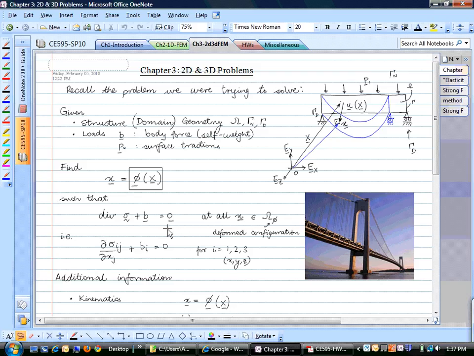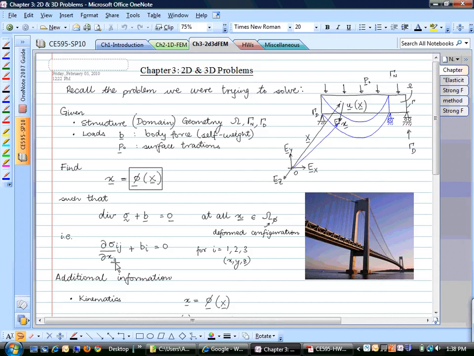And we said that in order to solve for this map, the governing differential equation at each and every point in the deformed configuration is this: div of sigma plus b is equal to 0, a vector. So this is a vector equation. It has 3 components, and we took a look at all those 3 components. So here, this is again just to familiarize you again with the initial notation.